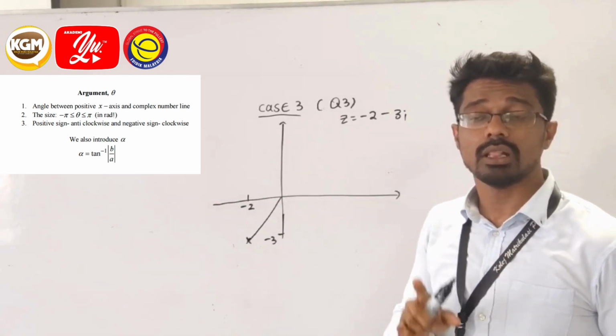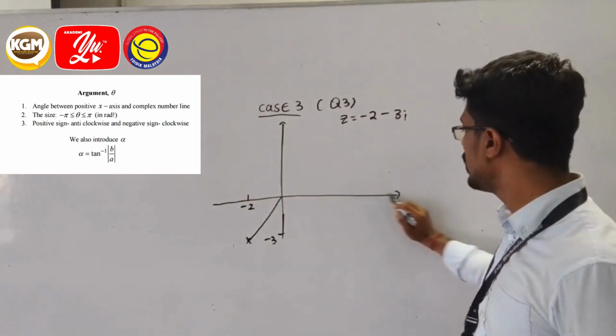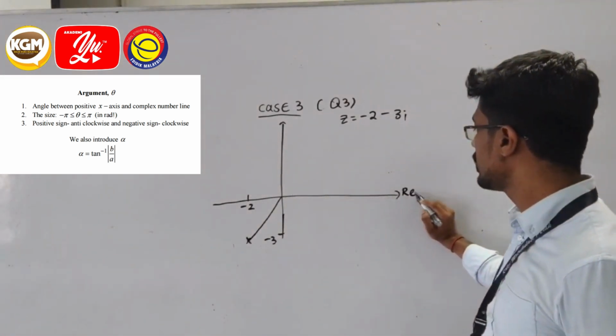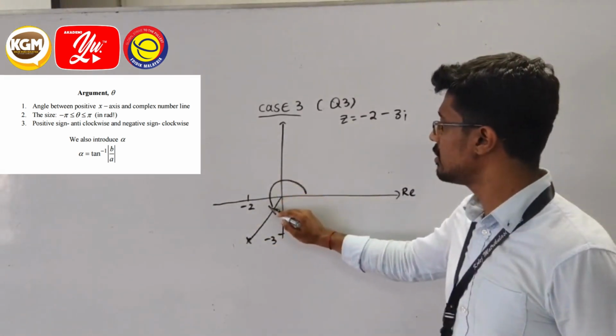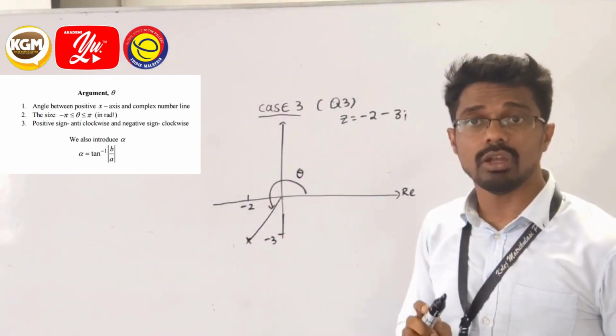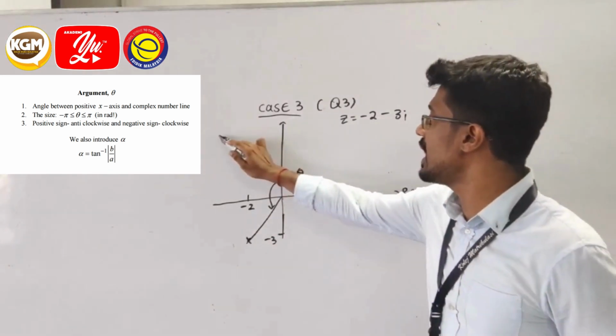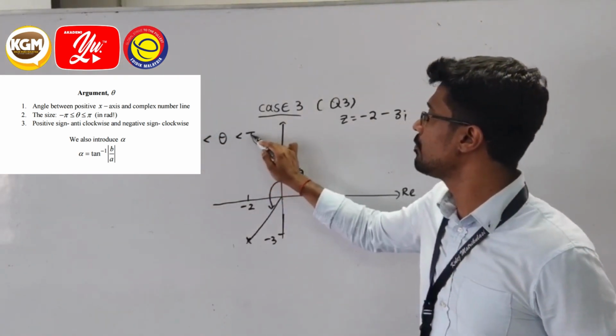So you know very well, theta is the angle between the positive x-axis and the complex number line. So I go like that. But if you recall the definition, you understand that theta is between negative pi and pi.